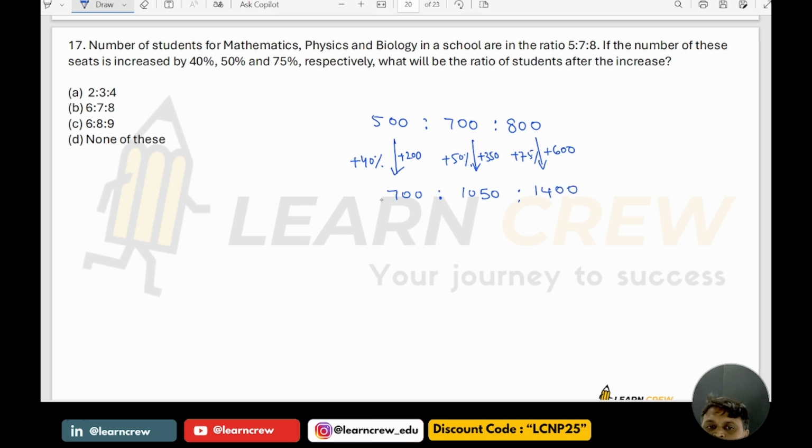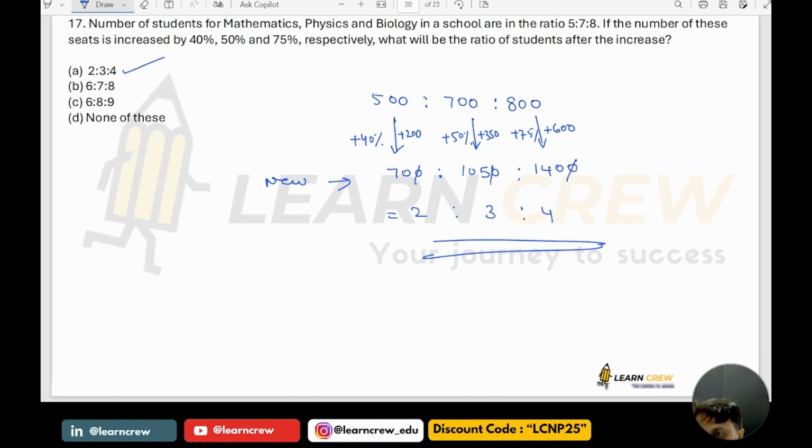So now this is the new ratio. If you observe here, the zeros cancel. 35 2s are 70, 35 3s are 105, 35 4s are 140. So 2:3:4 is the new ratio after the changes.